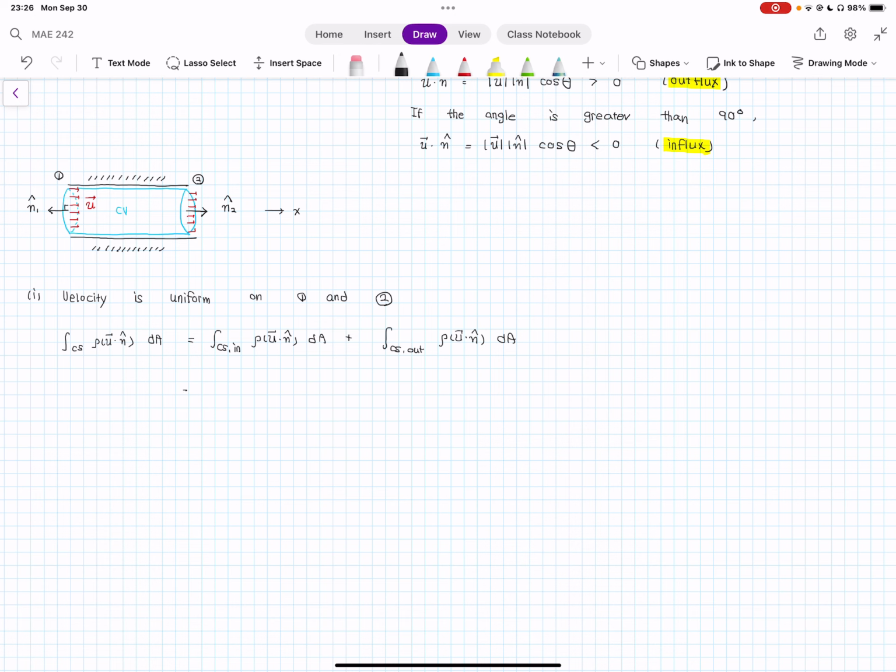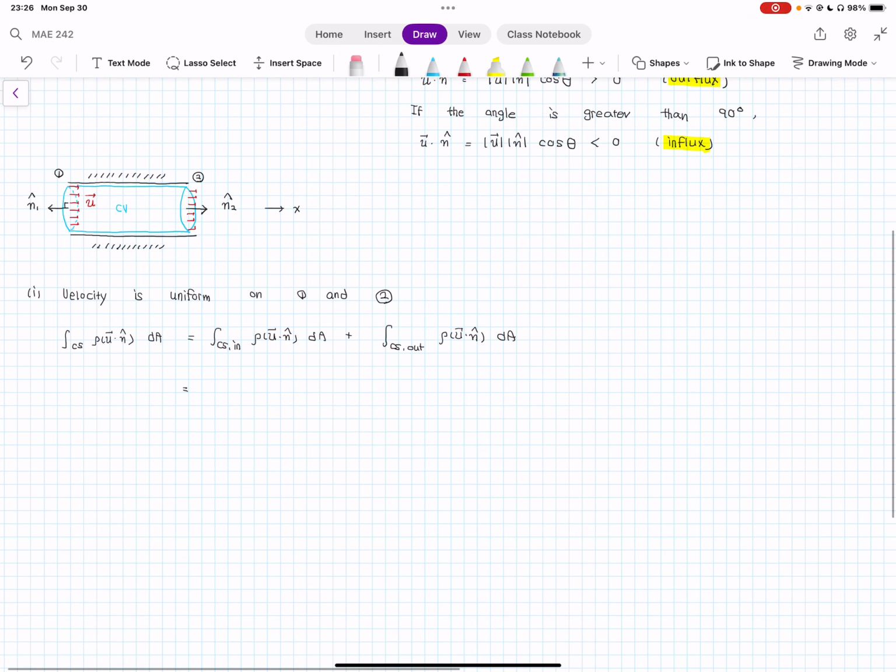The cs in is going to be surface 1, with density, and this u dot n is minus u, where u without the vector symbol is the magnitude of the uniform velocity.